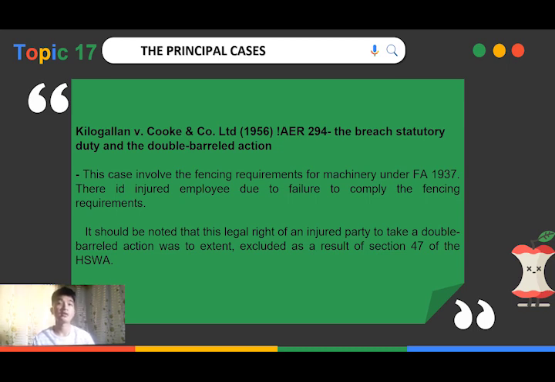That's why the FA 1937 says that all machinery should be guarded or fenced to minimize or avoid those accidents or injuries to workers or employees that may happen.